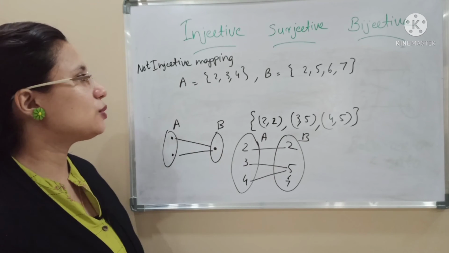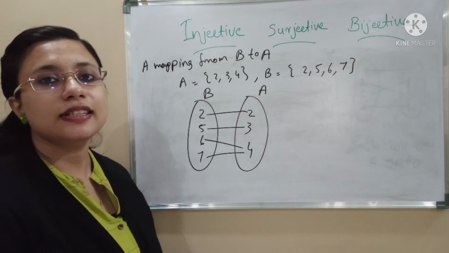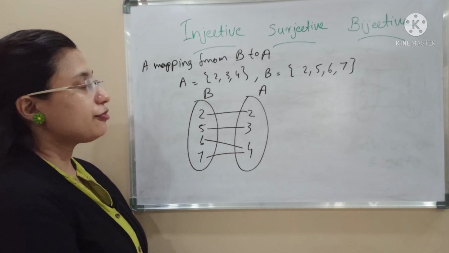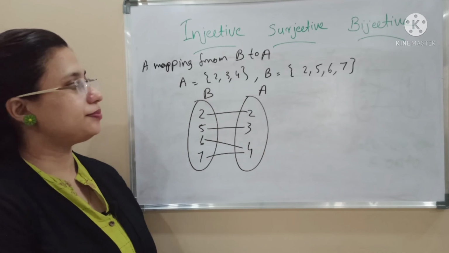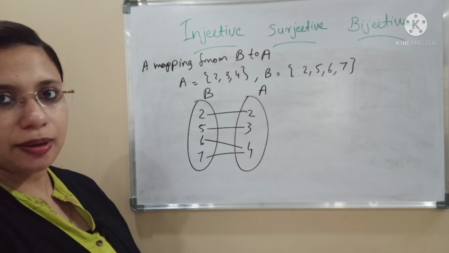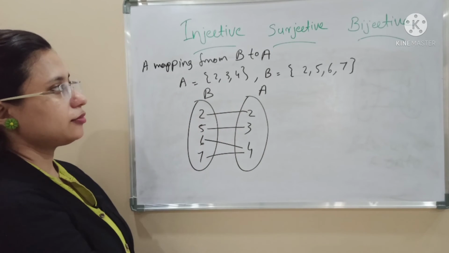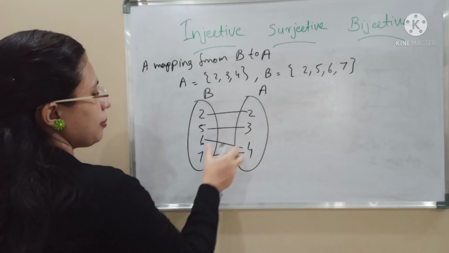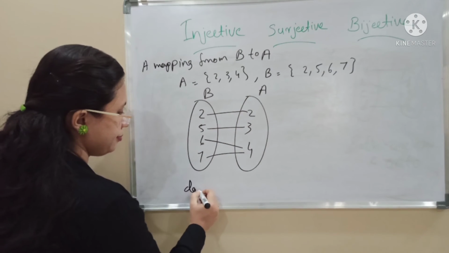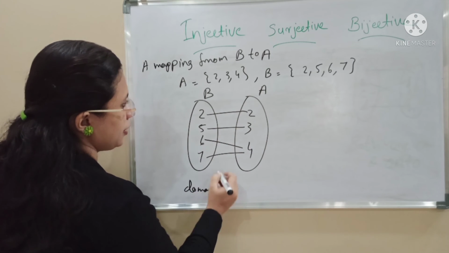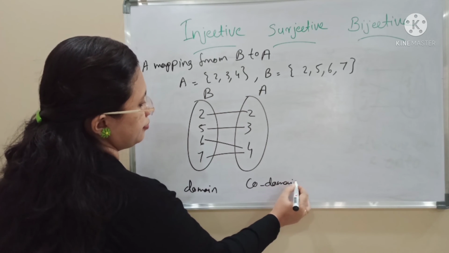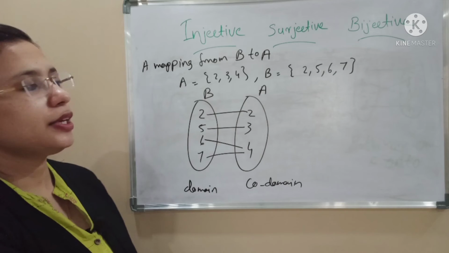Okay, so we'll check the last condition. This is the third condition, a mapping from B to A. B to A means just invert the sets. So B will come as the domain and A will come as the codomain.